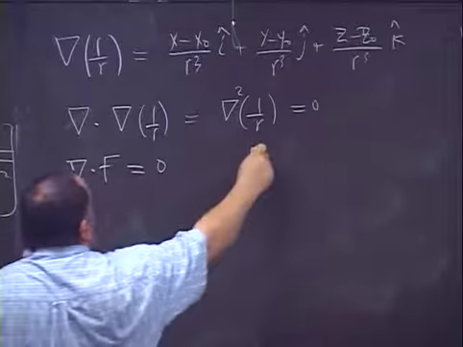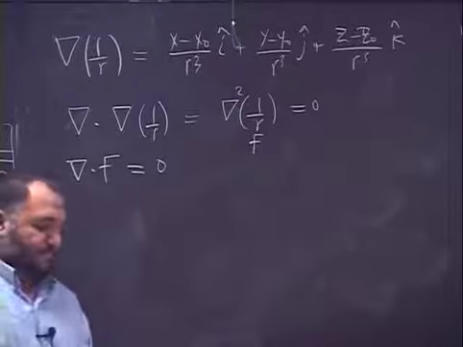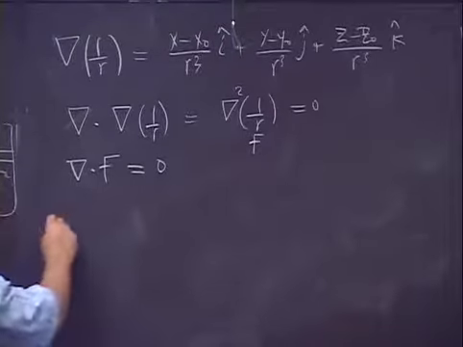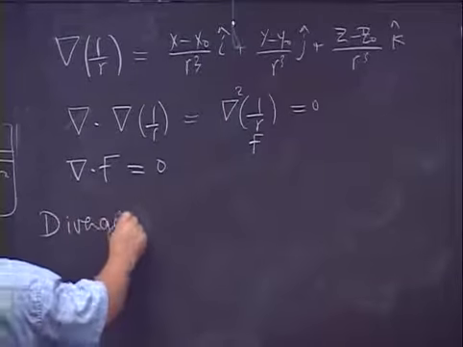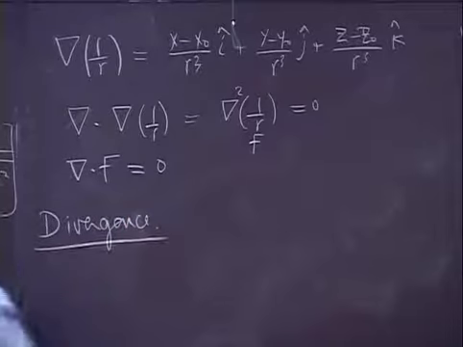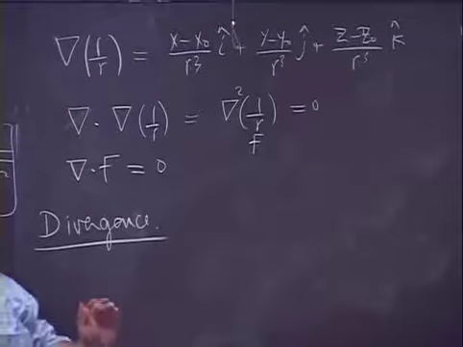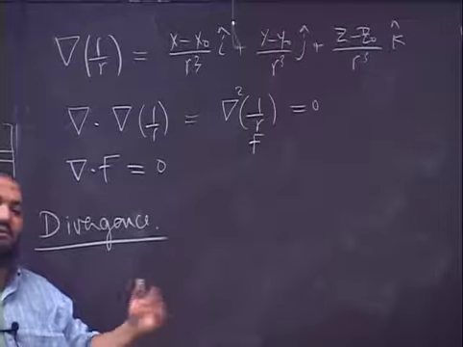Let's call this f. Let's now look at the divergence. So we define the gradient, and we said that the gradient is just a gradient of a scalar function. Again, I told you before that there is a gradient of a vector function, but this is called a tensor.